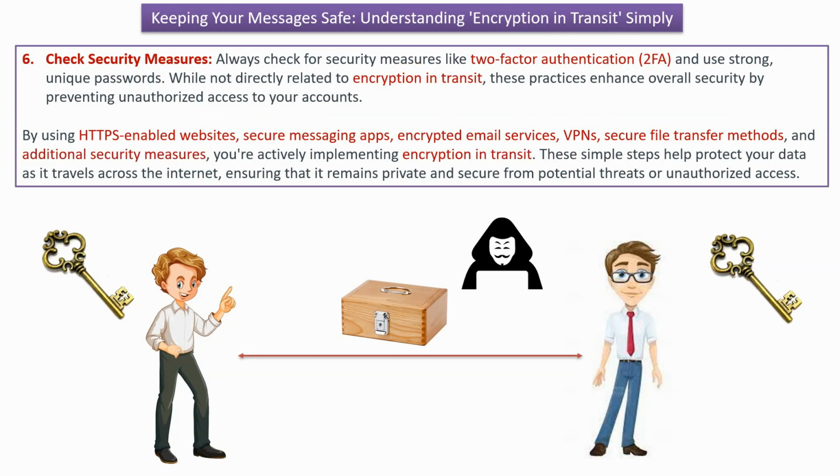By using HTTPS enabled websites, secure messaging apps, encrypted email services, VPNs, secure file transfer methods, and additional security measures, you are actively implementing encryption in transit. These simple steps help to protect your data as it travels across the internet, ensuring that the data remains private and secure from potential threats or unauthorized access.